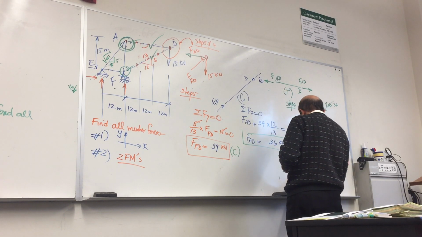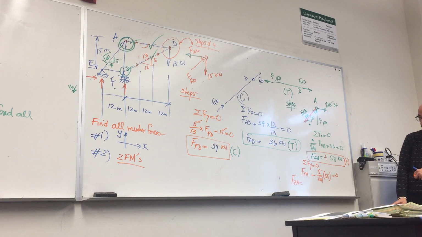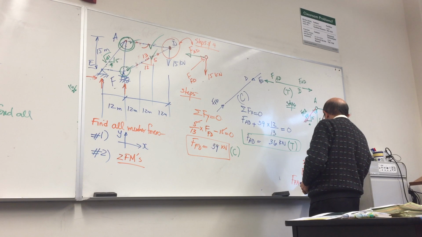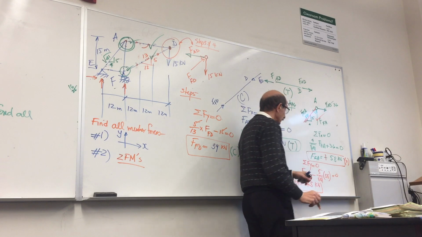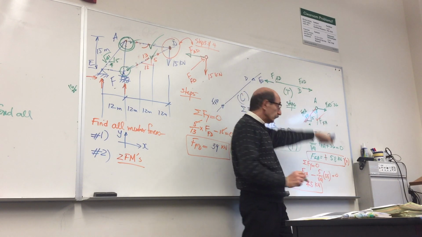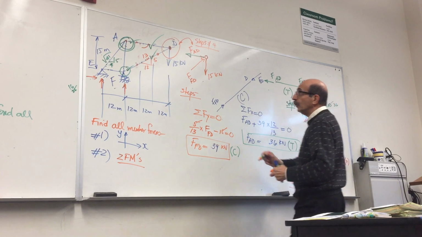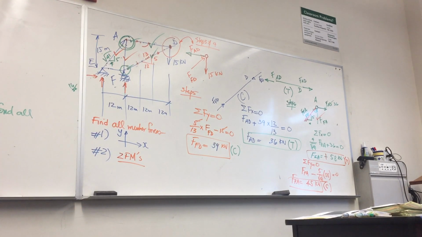So how much? 45? Let's say 45 kilonewton. It came out to be positive. That means this direction is correct. Since it is moving towards the joint, the corresponding member is in compression, right? So you found this and you found this, right?